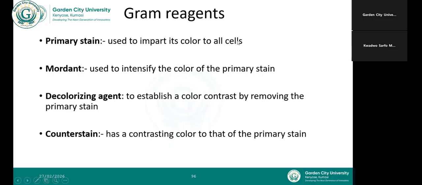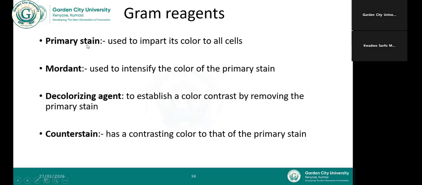So at this point, it is simple staining, but we want to add more colors or more stains. So this is differential. But at this first point, it is simple staining. Then we come to add a mordant. A mordant in the form of iodine intensifies the color of the primary stain.